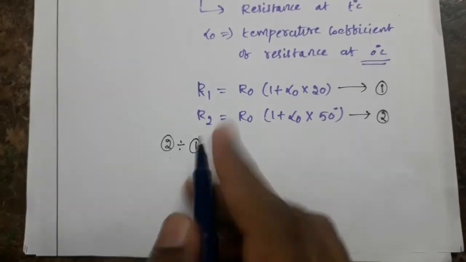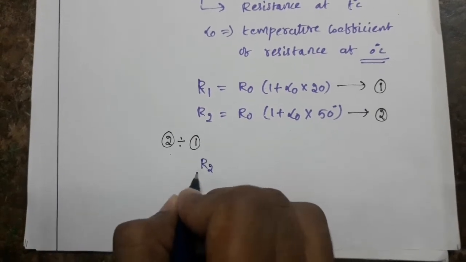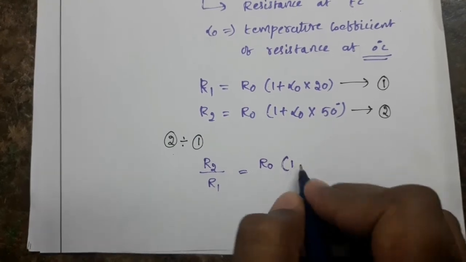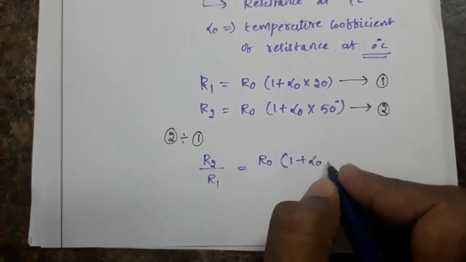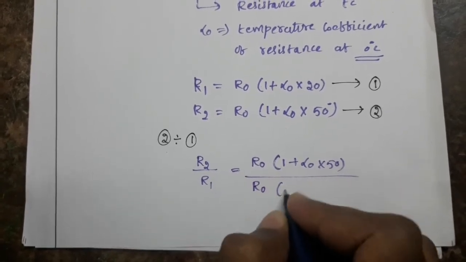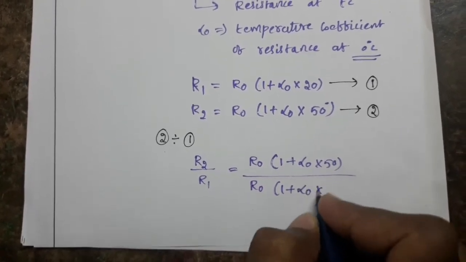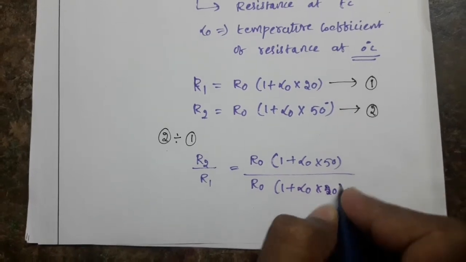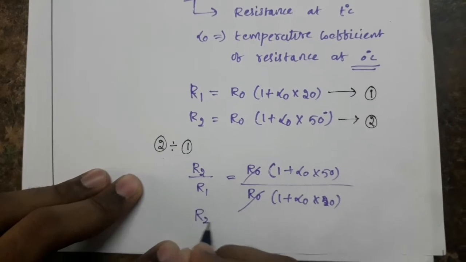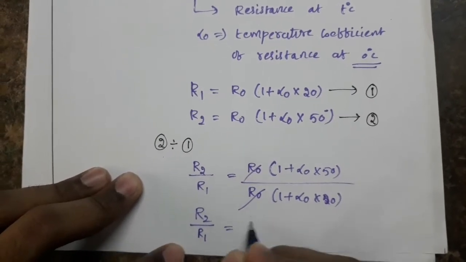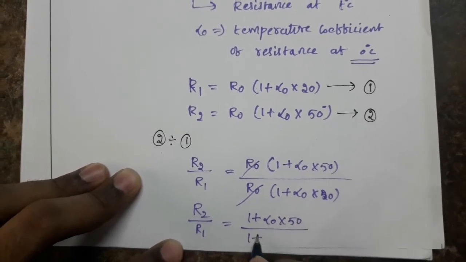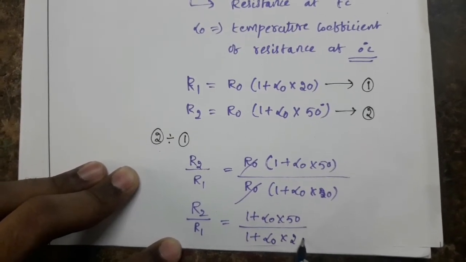So R2 by R1 equal to R naught into (1 plus alpha naught into 50) divided by R naught into (1 plus alpha naught into 20). R naught gets cancelled. So R2 by R1 equal to (1 plus alpha naught into 50) divided by (1 plus alpha naught into 20).